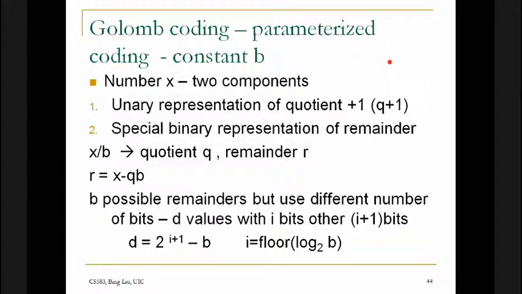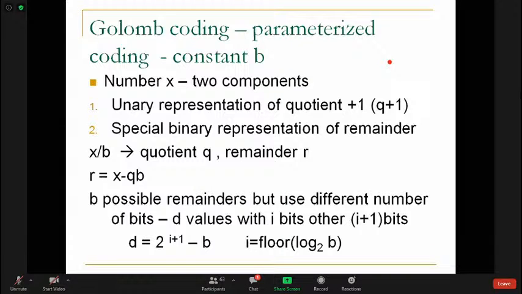Now you have to find how many will be following I bits, and how many will be following I plus 1 bits. For that you have to take the D value. D is 2 to the power of I plus 1 minus B. What is I here? Log 5 base 2, when you take the floor, how much do you get?